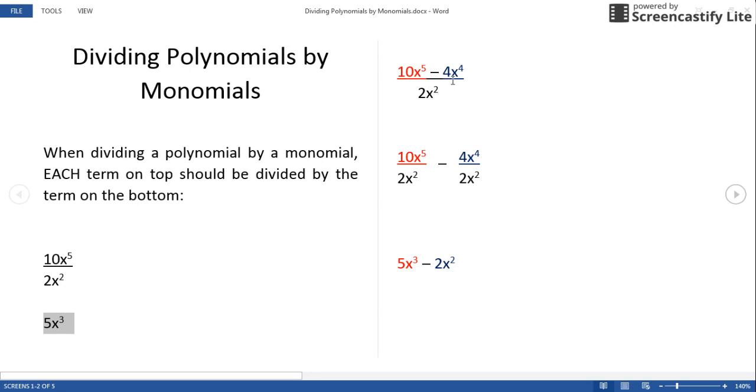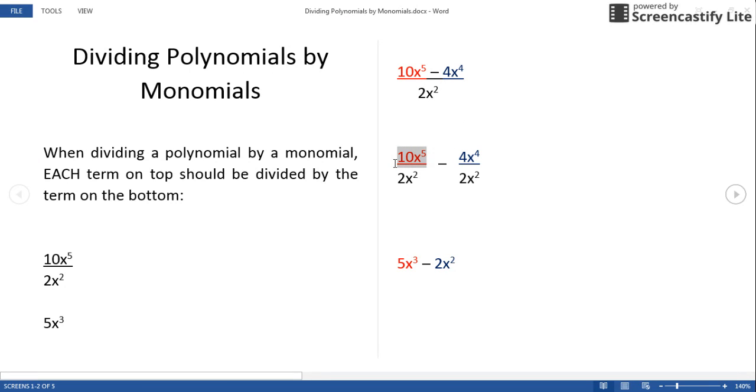If we have a little bit bigger one, like the binomial here being divided by 2x squared, we can rewrite this so that each term on the top is individually divided by the 2x squared. Each term on top individually being divided by the 2x squared allows us to have just fractions to reduce.